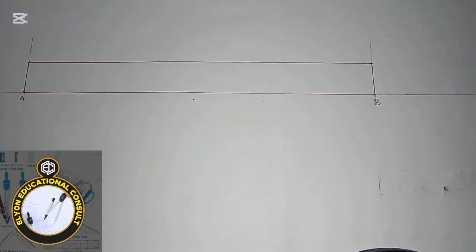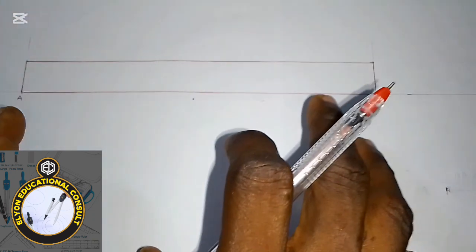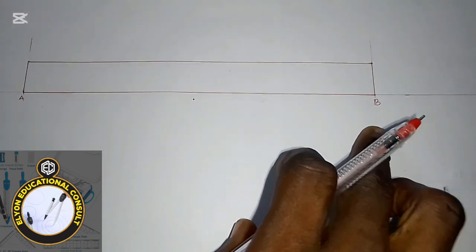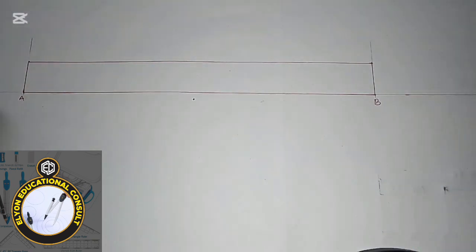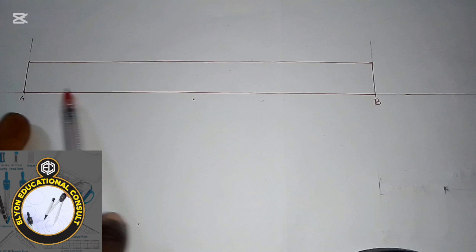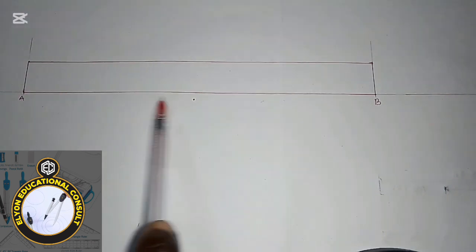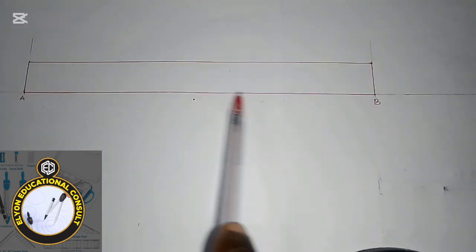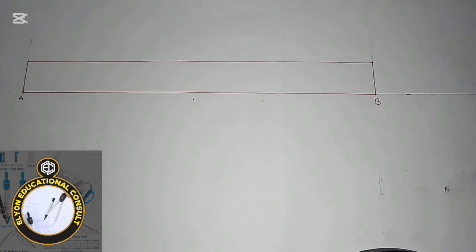So this is the length of scale, which is 20, and I've put in my height, which is 2. So the next thing is that I'm going to be dividing this length of scale that we have drawn into 10 equal parts. Why am I dividing into 10 equal parts?